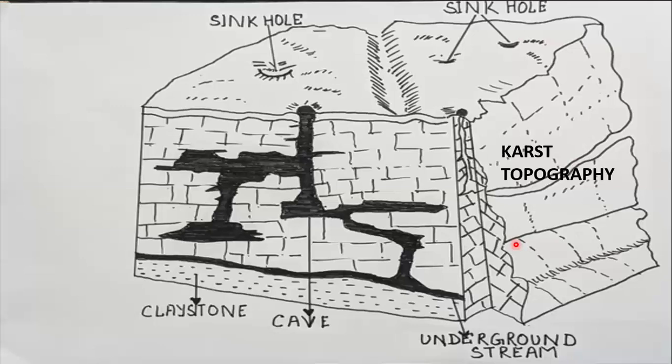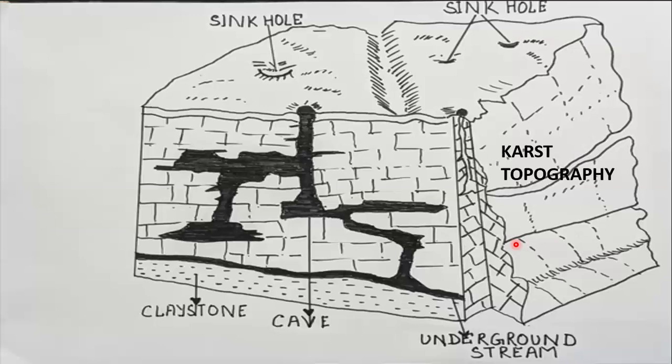Karst topography is a natural terrain shaped by chemical weathering. These characteristic landforms are found both on the surface and below the ground.